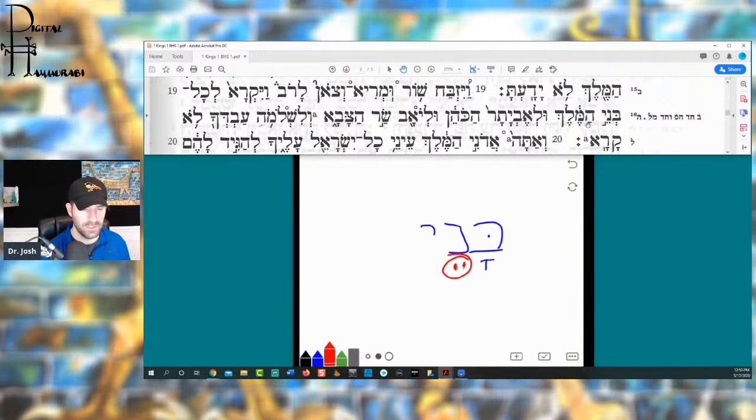The e becomes an a sound, and you also get a reduction of this vowel. So b'nei hamelech, the sons of the king. Notice the hey, patach, doubling dot for the definite article. So the children of the king are the sons of the king.